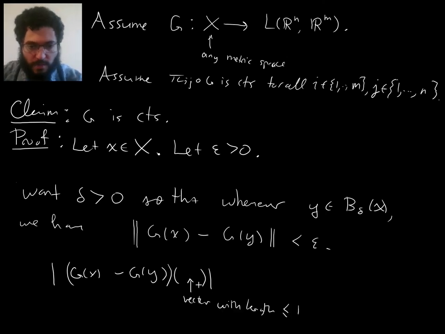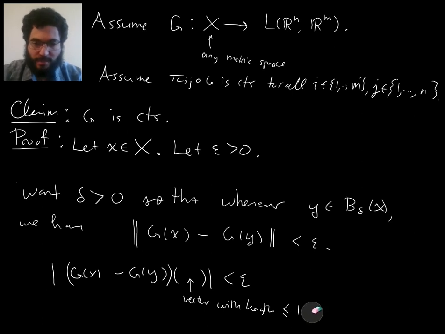So what will go in here is a vector with length at most 1. So we'll have to try to do this for arbitrary vectors of length at most 1, and try to get this to be less than epsilon. And then we can conclude that the supremum of all of those, or the maximum, is less than epsilon. So that's the plan. Let me kind of just get us started.